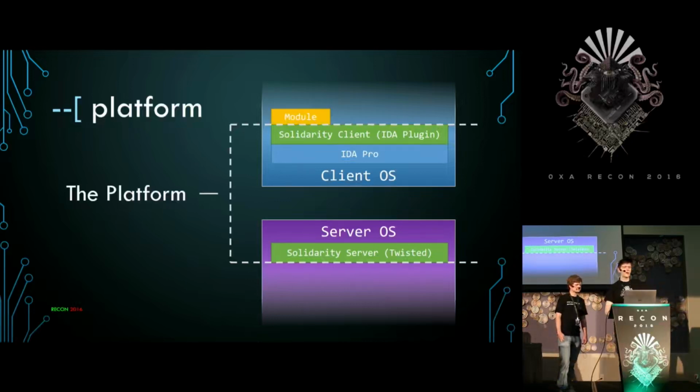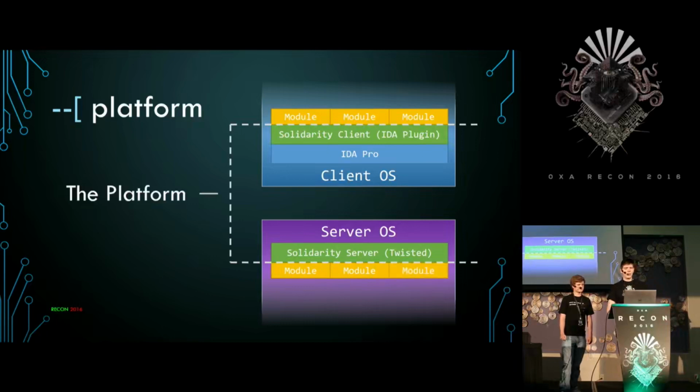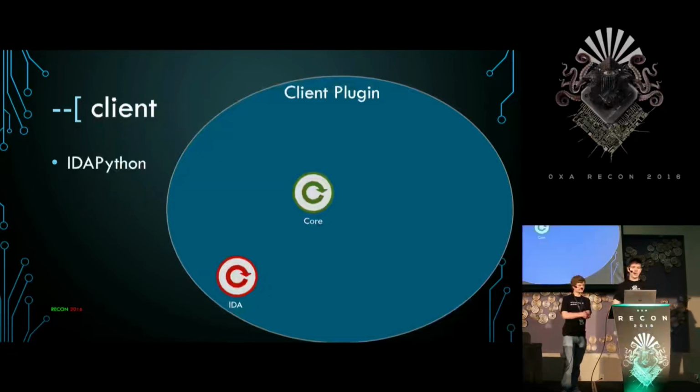But then what we do is we actually build modules on top of the platform. So we actually made an IDA plugin that then has plugins. So it's kind of funny. And the server has equivalent plugins on its side. So it's a very interesting modular framework that you'll see some cool stuff here.